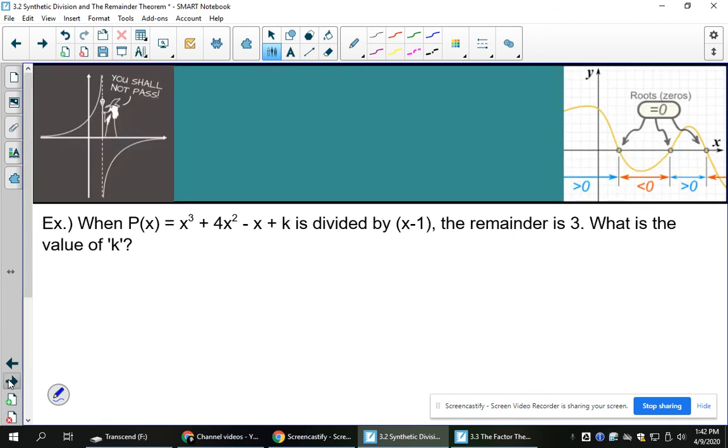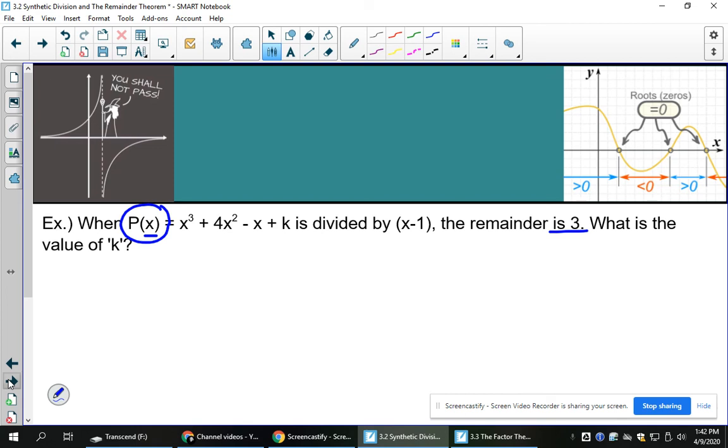Now, when this function p of x is divided by the factor x minus 1, the remainder is 3. What is the value of k that's missing? So we're going to use the remainder theorem.